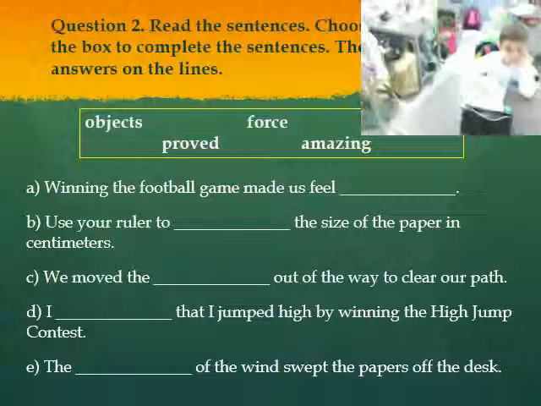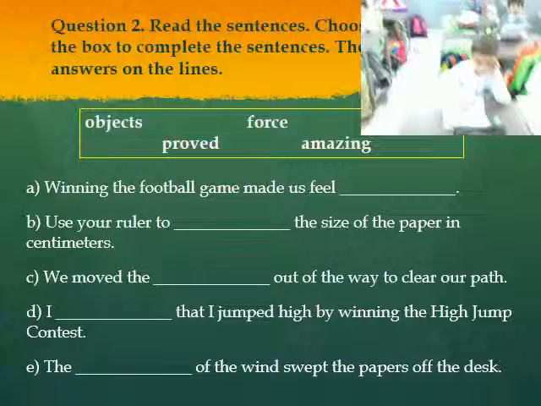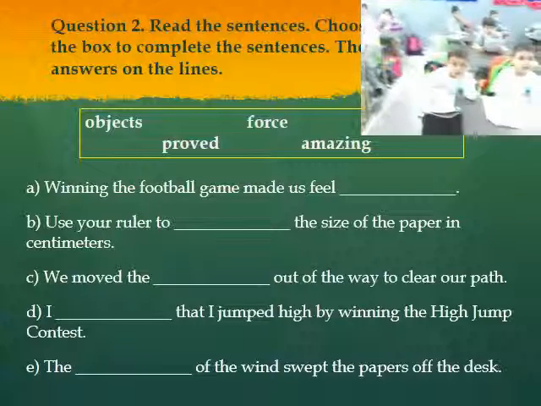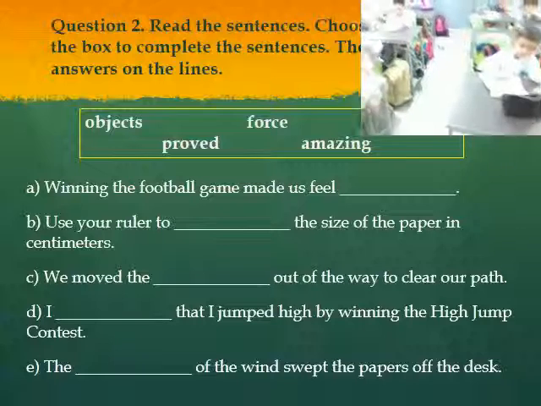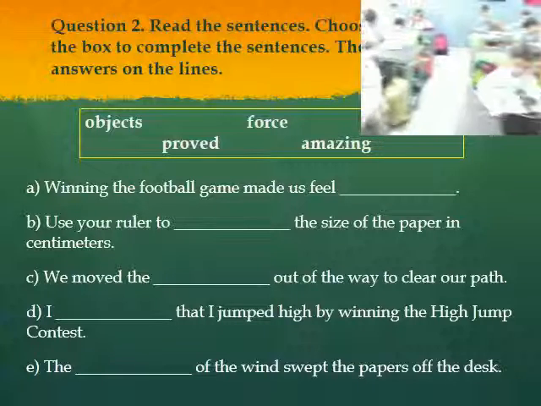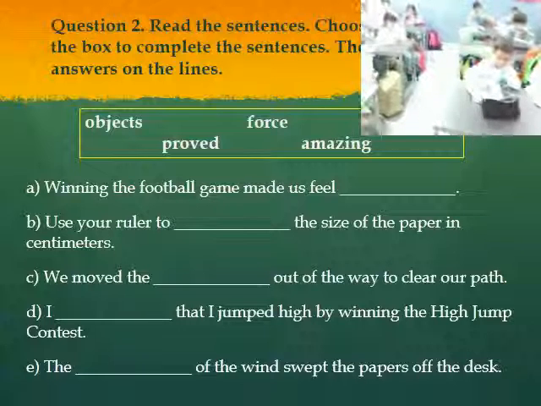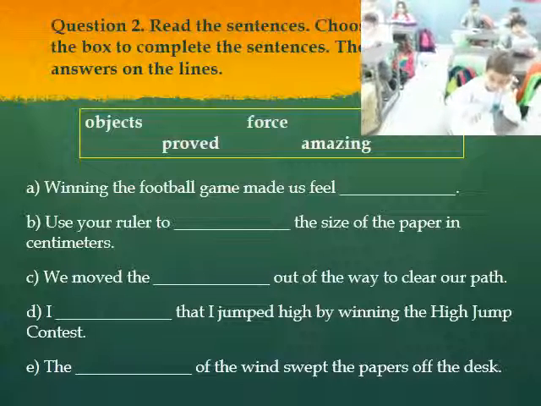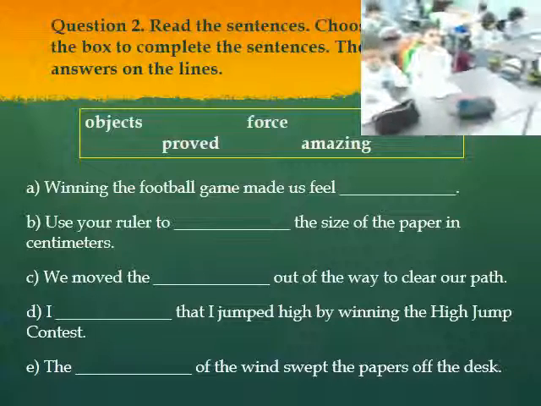Okay? So let's read the words together. The first one is objects. What are objects? They are things that you can see and touch. Okay, the next one? Force. What is a force?